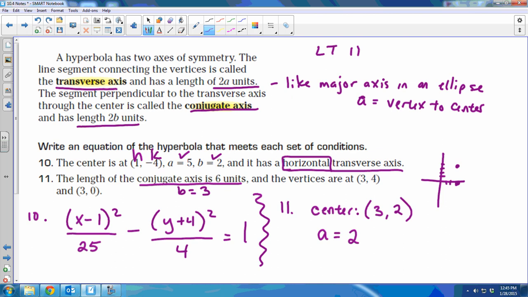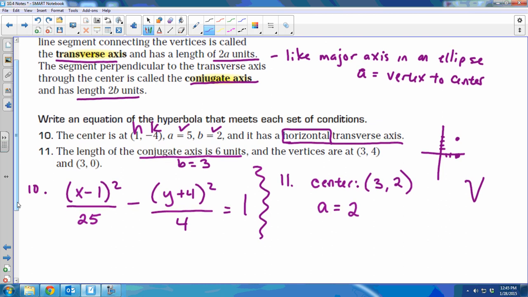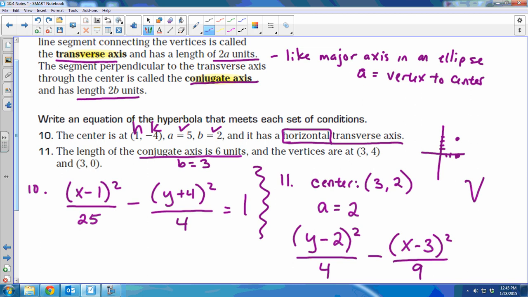The vertices are what? Vertical or horizontal? Vertical, right? So we have, for our equation, be careful because it's really easy to mess up the center. Y minus 2 squared over 4 minus x minus 3 squared over 9 equals 1.